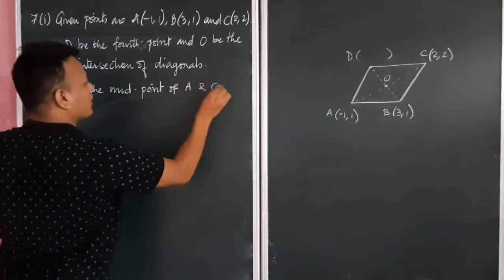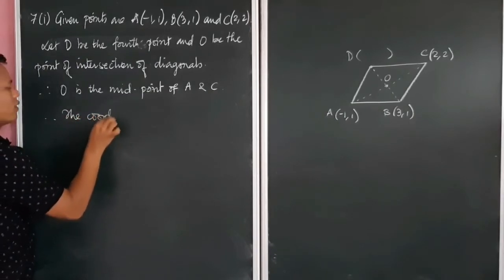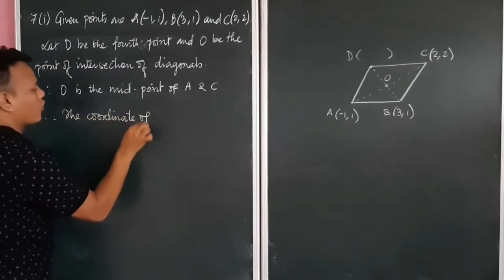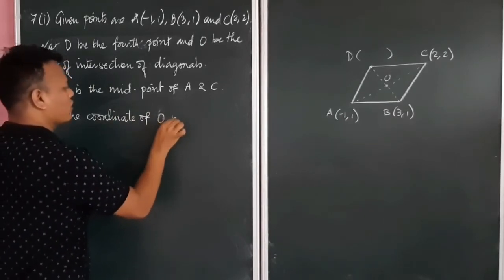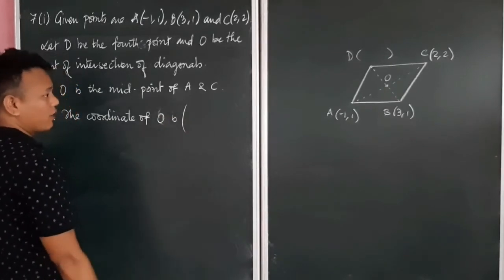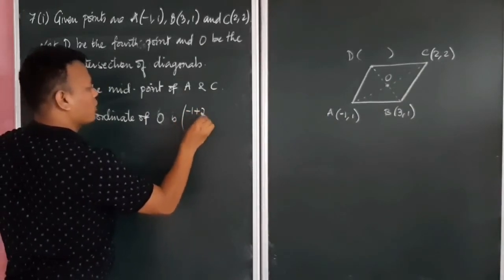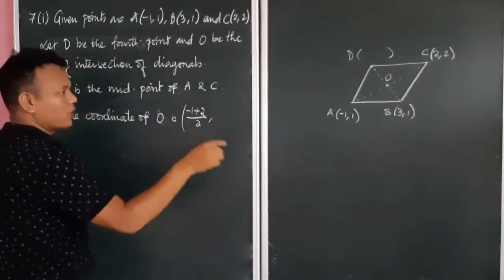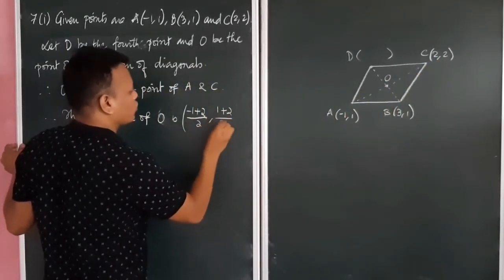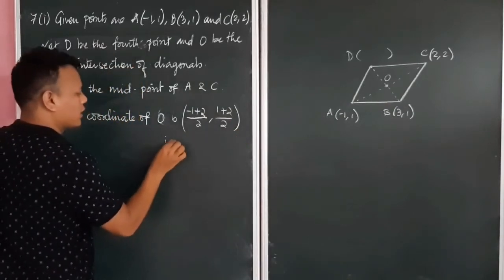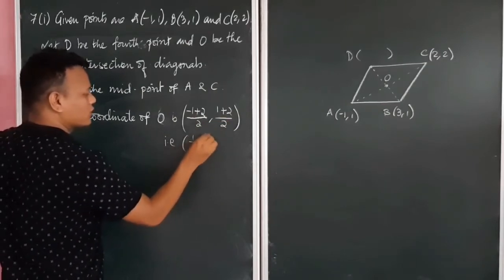So the coordinate of O, using the midpoint formula, is x1 plus x2, that is minus 1 plus 2 by 2, comma y1 plus y2, that is 1 plus 2 by 2. Minus 1 plus 2 is 1, so that is half, and this is 3 by 2.